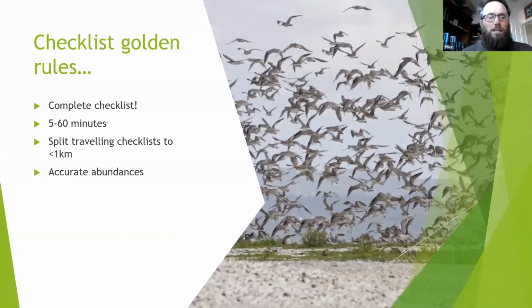So basically, firstly, I quickly want to remind everybody of the checklist golden rules. All Atlas checklists should be complete checklists, which again is just trying to identify everything you can by sight or sound.